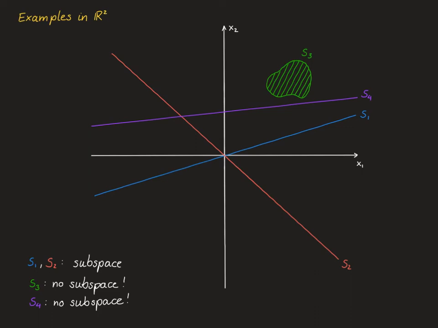If for any of these sets S1 to S4 you're not sure why they represent a subspace or no subspace, then what you need to do is go back to the definition of a vector space and check whether all of the properties are satisfied for this corresponding set.